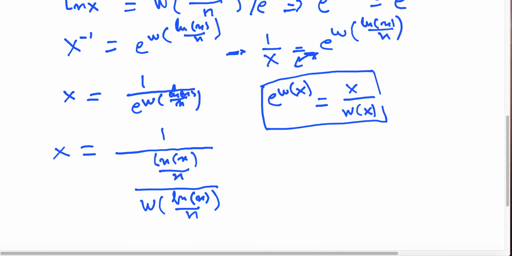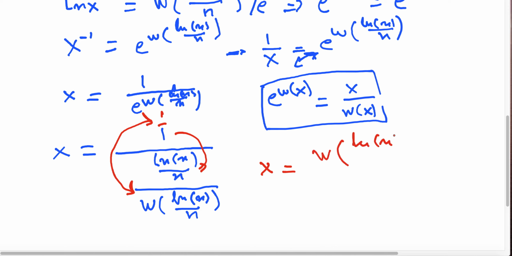And if I take a double fraction, for example here divided by 1, outside with the outside, multiplying, and inside with the inside, x is going to be equal to W of (ln n divided by n), and everything here is divided by ln n divided by n.